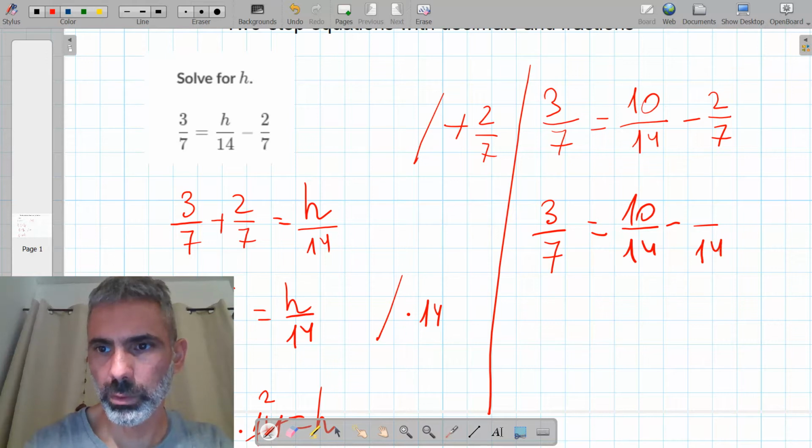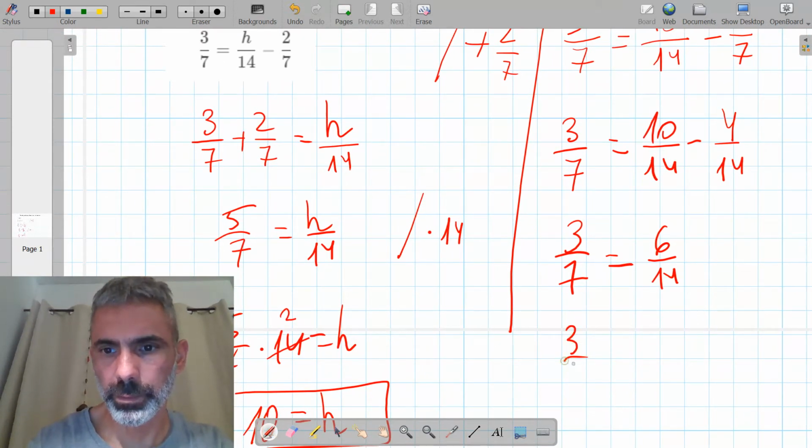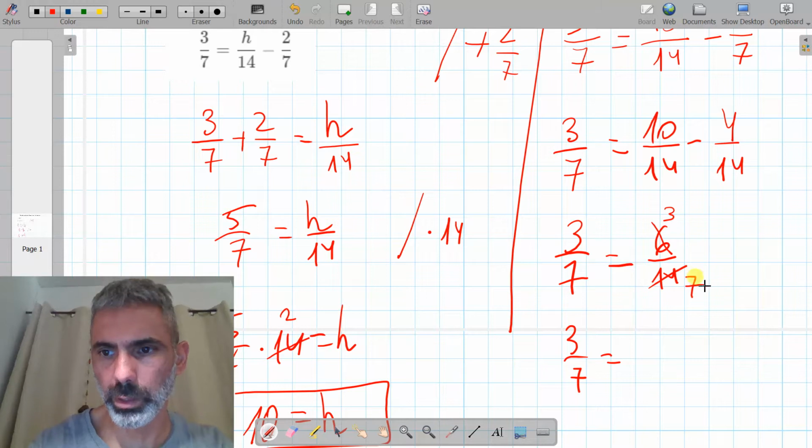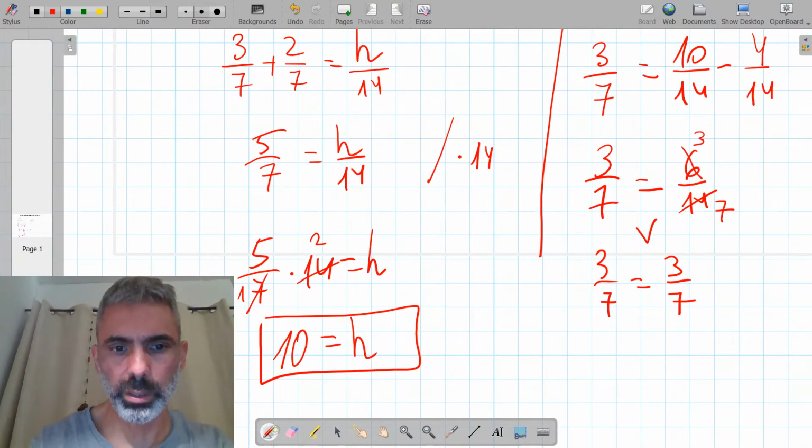So to go from 7 to 14 I have multiplied by 2, so 2 times 2 is 4, so 3 7s equals, and here I have 6 over 14, and 6 over 14 can be simplified. If I divide 6 by 2 I have 3, 14 divided by 2 I have 7, so I have 3 7s equals 3 7s, which is correct, which means that h is indeed 10.